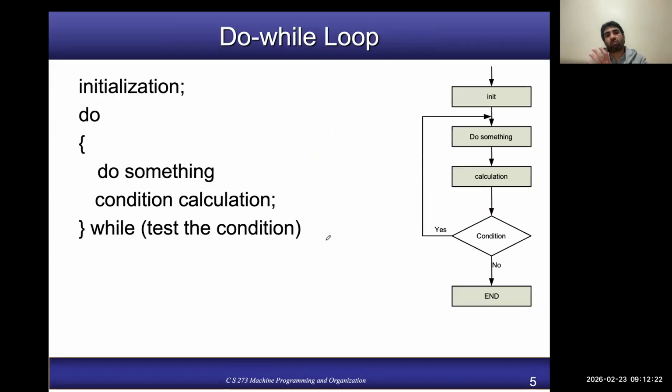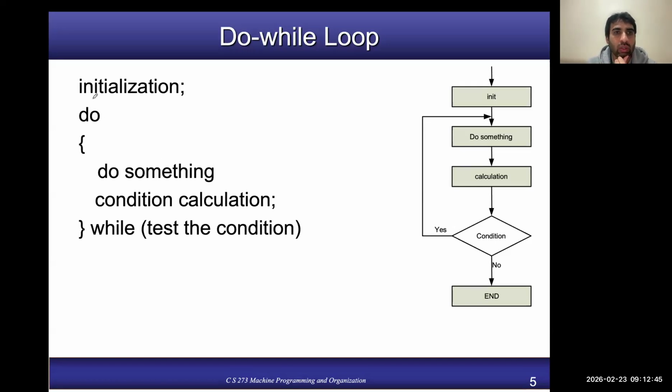So until this point we have learned how to write an if statement and an if else statement in assembly language. Now we are going to talk about how we can do loops, for example a do while loop or a for loop, right? How does the do while loop work?